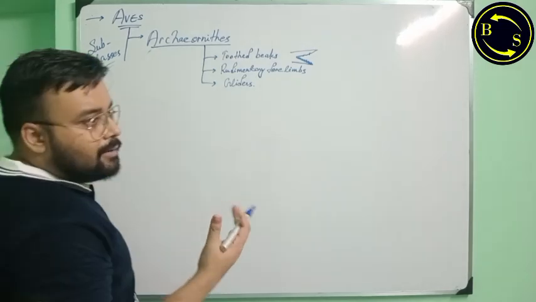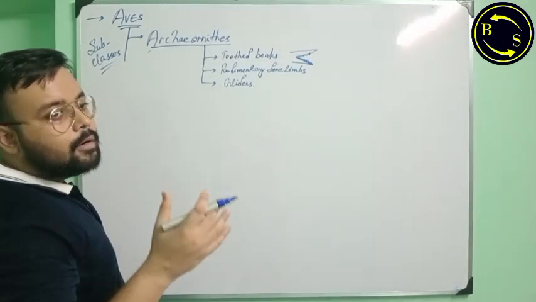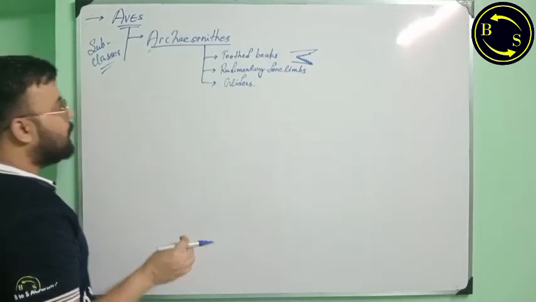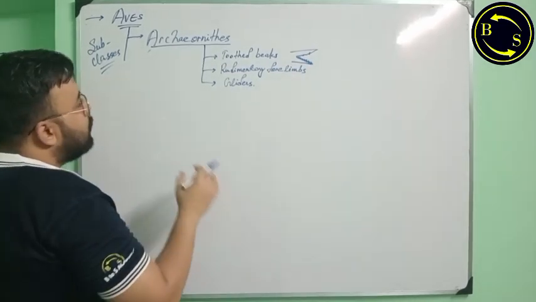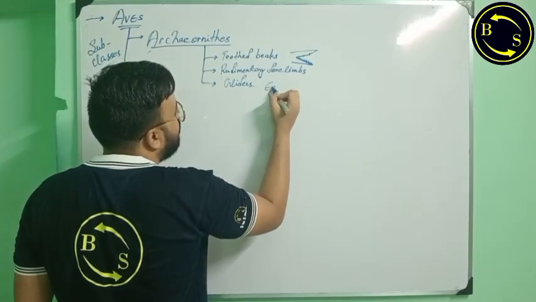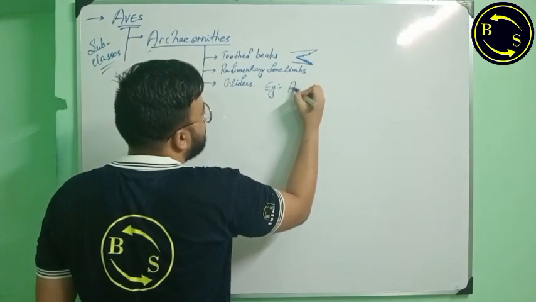Archaeornithes directly were derived from a class of dinosaurs, mainly the theropod dinosaurs or the carnivorous dinosaurs. Now they are all extinct. Example, the famous archaeopteryx.